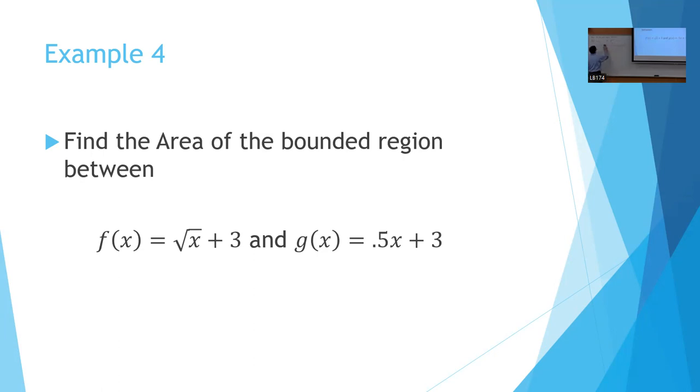And again, just because one is labeled as f and one is labeled as g doesn't necessarily mean that the f has to be on top in this particular case. It may be, it may not be, I don't know. So go ahead and try that on your own.